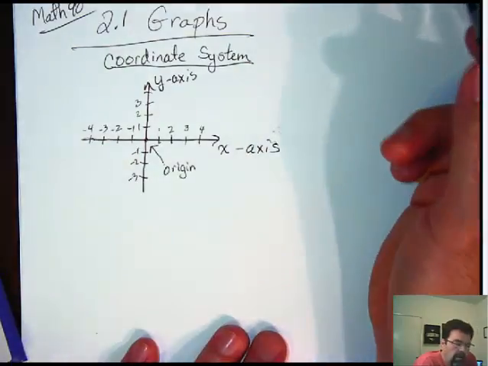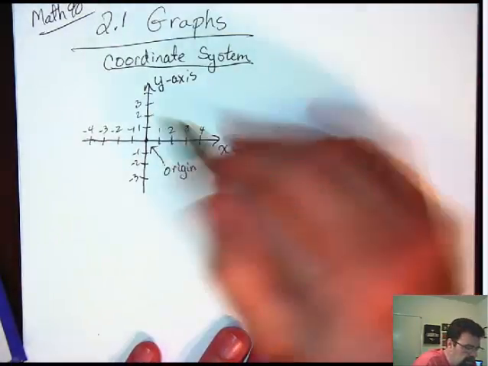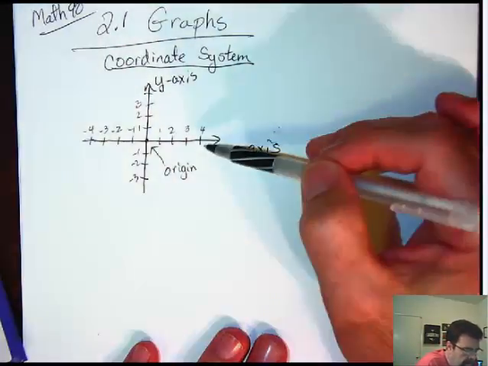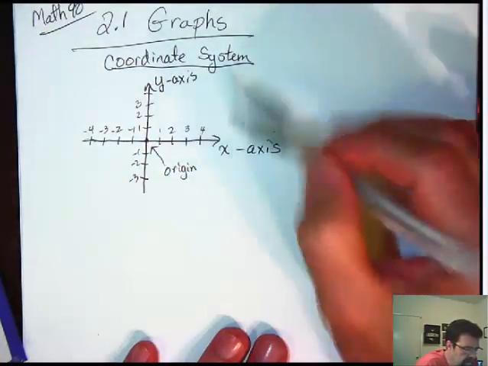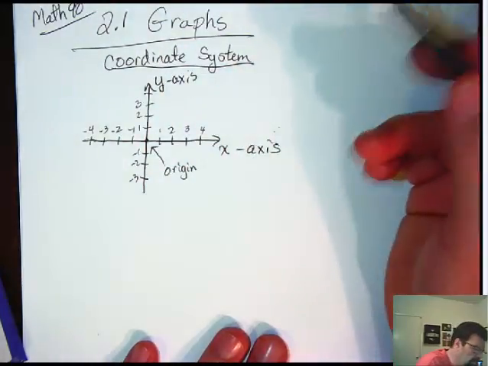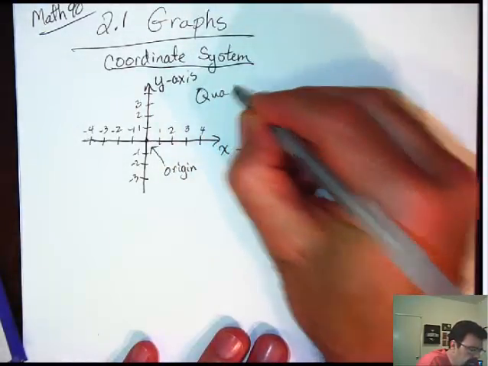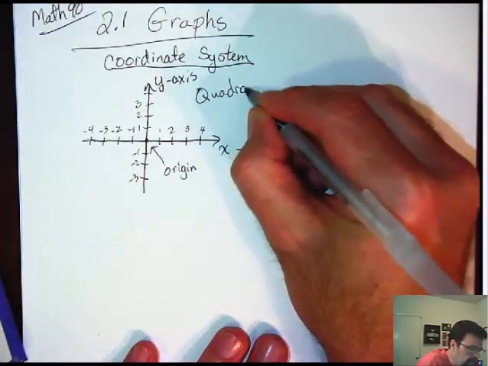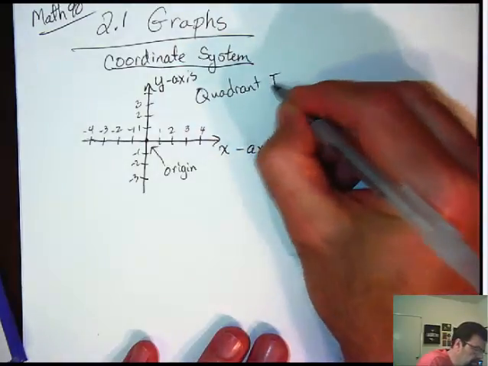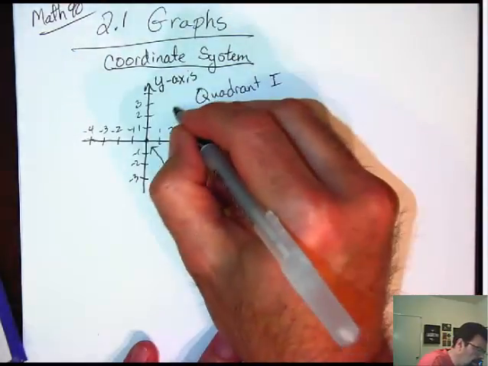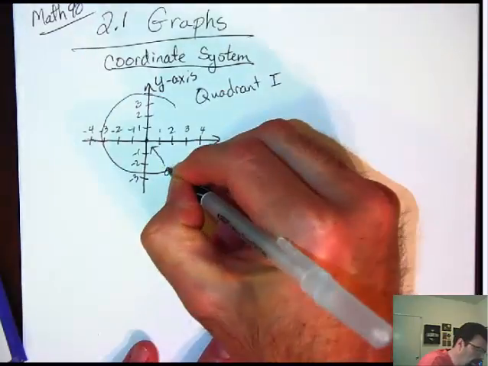Also, the x and y axes split the plane up into four distinct quadrants, as we call them, four distinct regions. And then we count them in counterclockwise fashion.